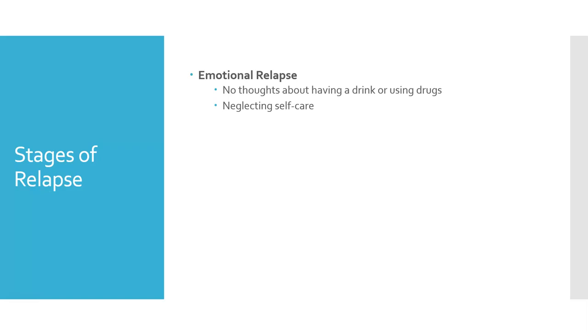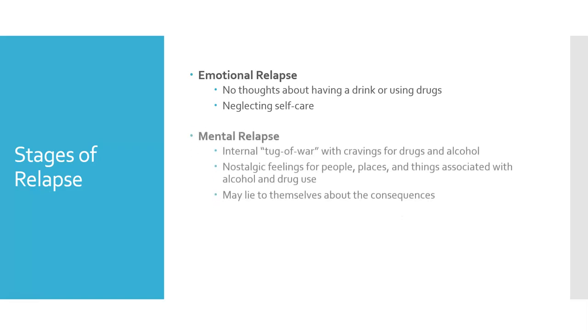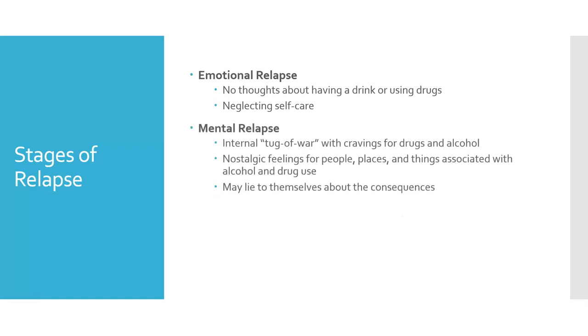So there's stages of relapse. There's emotional relapse where there's no thoughts about having a drink or using drugs, but they are starting to neglect their self-care. There is mental relapse where there's an internal tug of war going on. They're starting to have cravings for alcohol or drugs.